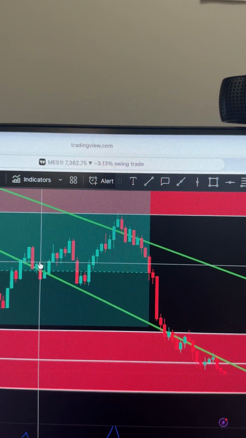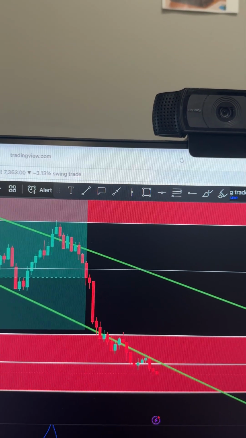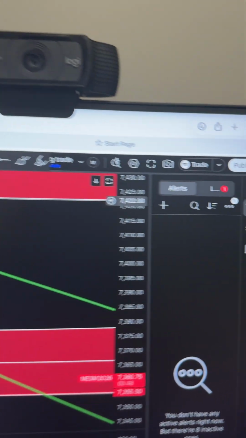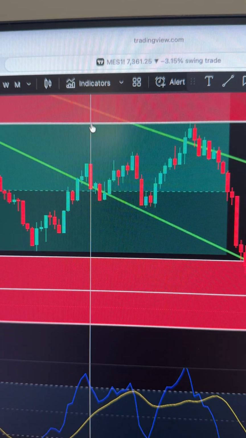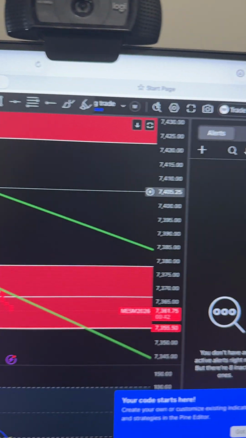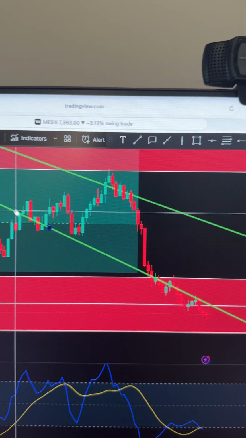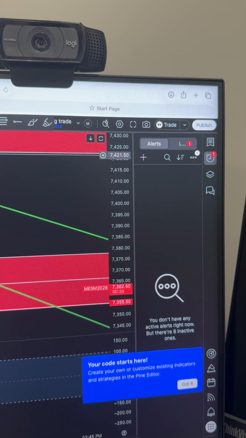And let's just see how many points this thing was from here, how many points you would have made. Let's go all the way up to this point, 422. So we went from 403 to 92 to 22.